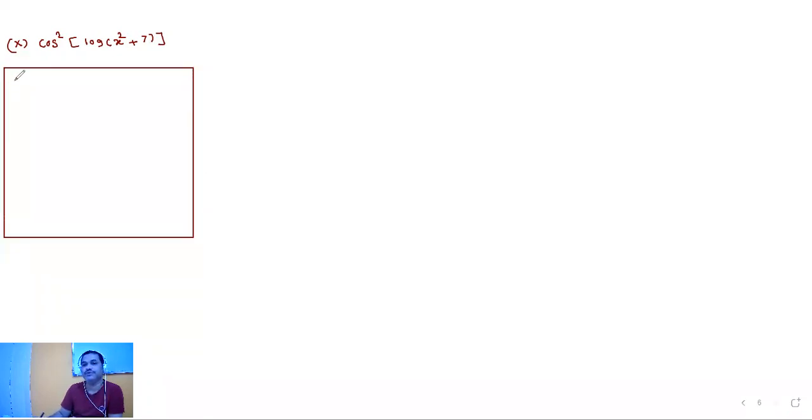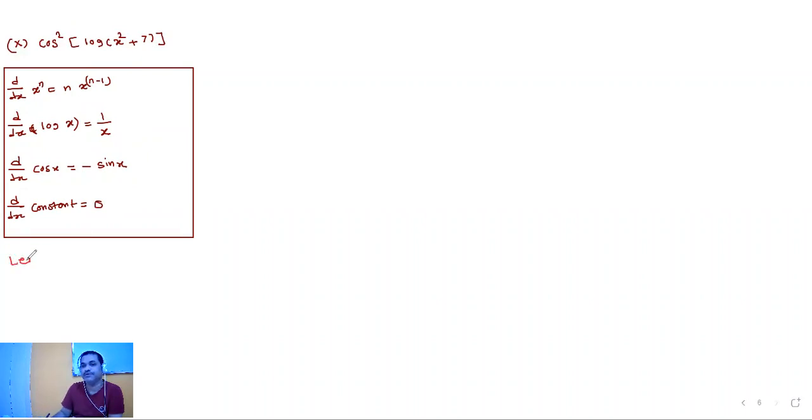So d by dx of x raised to n is equal to n into x raised to n minus 1. d by dx of log x is 1 by x, and d by dx of cos x is equal to minus sine x, and always the derivative of a constant term, here the constant is 7 in our sum, is equal to 0. Let us now solve the sum.